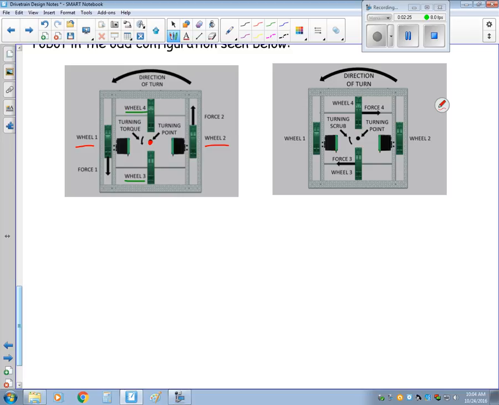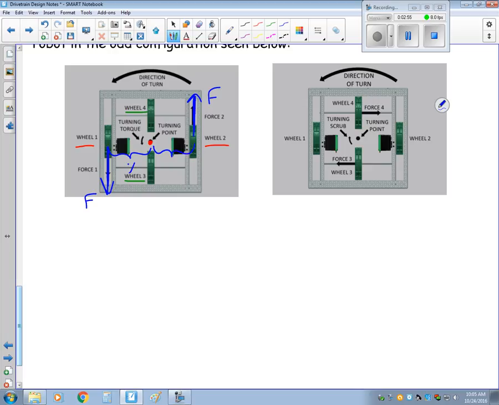So when we take a look at this, we can get an idea for how much turning torque this robot has. This thing's trying to turn counterclockwise, so I have a force here, and I have a force here. And then the lever arm distance, which is the distance between where the force is applied and the pivot point, will be right here and right here.